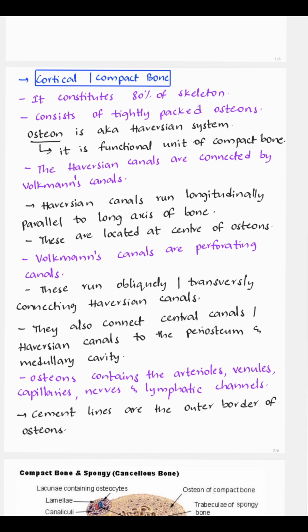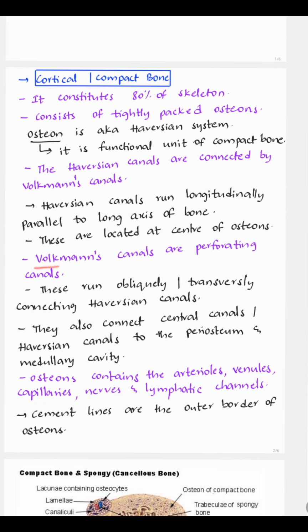The Haversian canals are connected by the Volkmann's canals. The Haversian canals run longitudinally, parallel to the long axis of a bone. These are located at the center of the osteon. They have arterioles, venules, capillaries, nerves, and lymphatic channels.